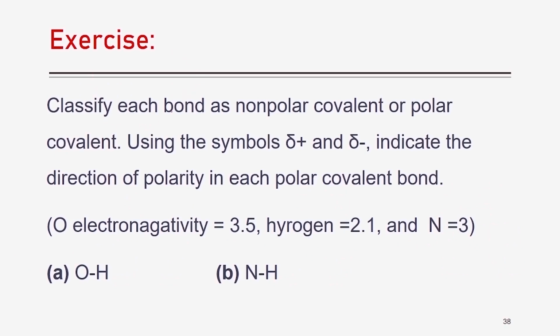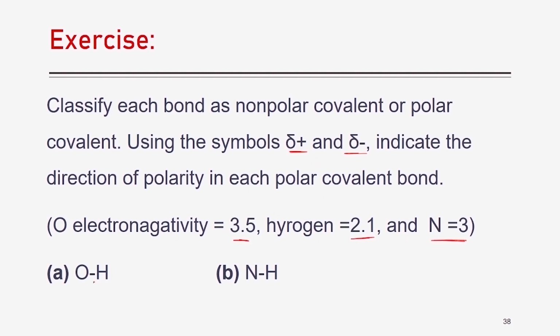Classify each bond as non-polar covalent or polar covalent, using the symbols delta plus and delta minus. Indicate the direction of polarity in each polar covalent bond. Knowing that the electronegativity of oxygen is equal to 3.5, hydrogen 2.1, and nitrogen 3.